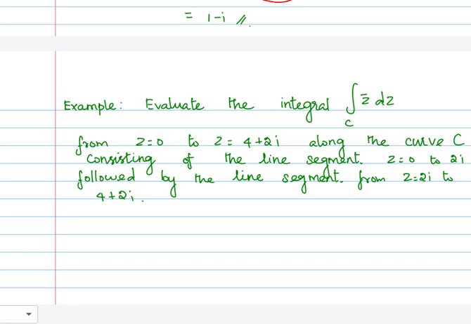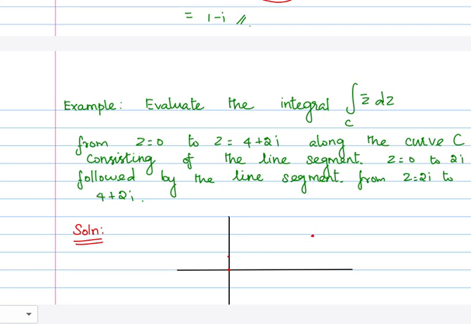So now, the first step is to find the parametric form for C. To find C, what is given is the two line segments, correct? The first point we choose is 0. The next point is 4 plus 2i.